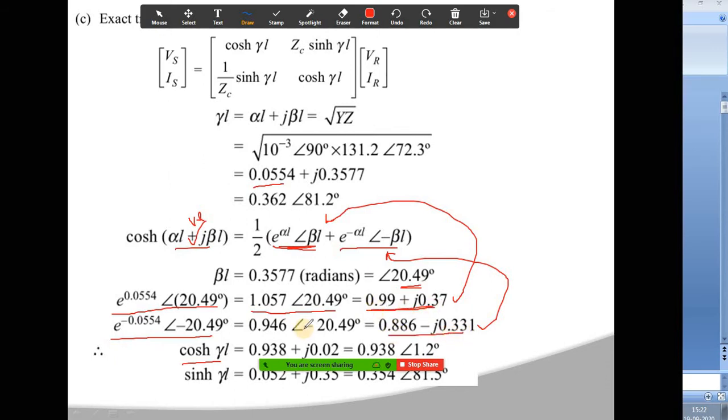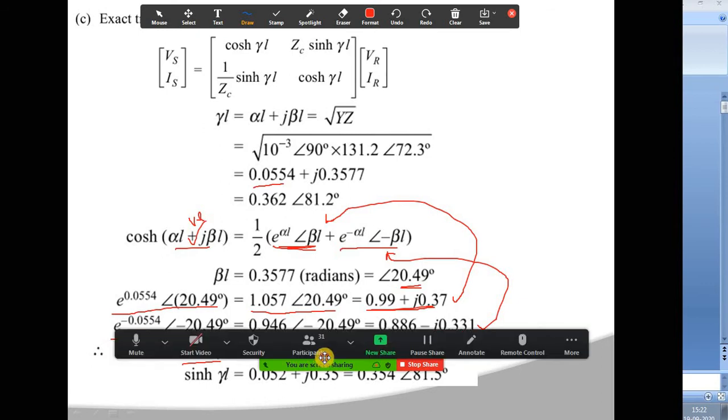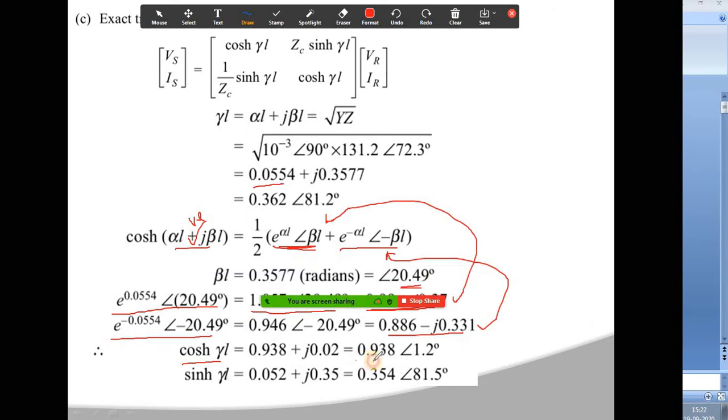Then if you do the sum, you will get cosh gamma L as 0.938 plus j 0.02. Okay, so in polar form this can be written as 0.938 at an angle of 1.2 degrees.